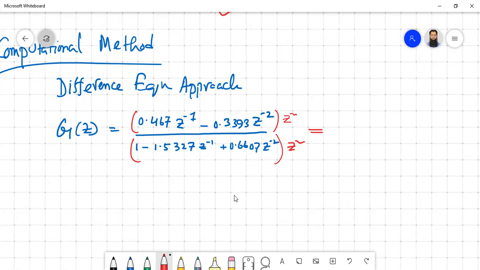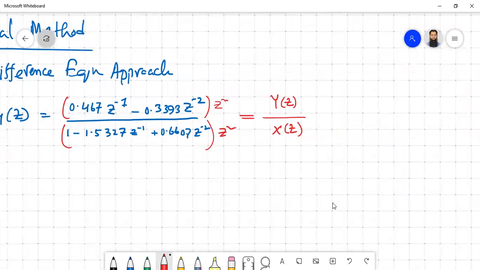Now we can say that this is equal to the output Y(z) by the input X(z). For simplicity, as the input we are using the Kronecker delta function, the unit impulse. So x(k) equal to 1 for k equal to 0, and x(k) equal to 0 everywhere else, for k not equal to 0.